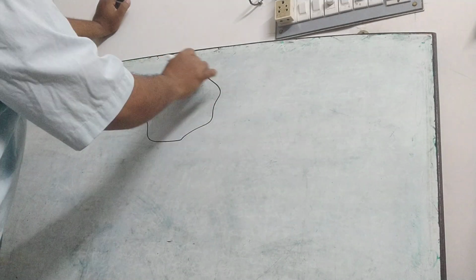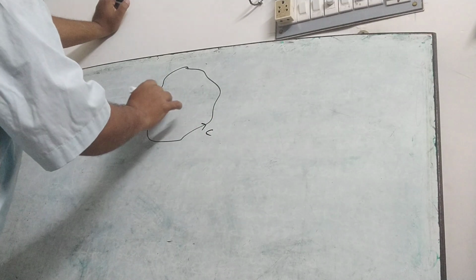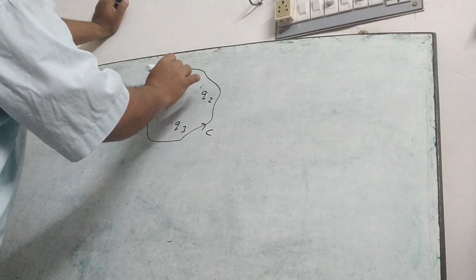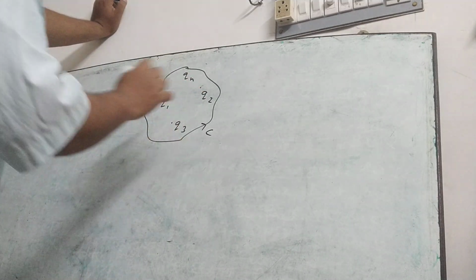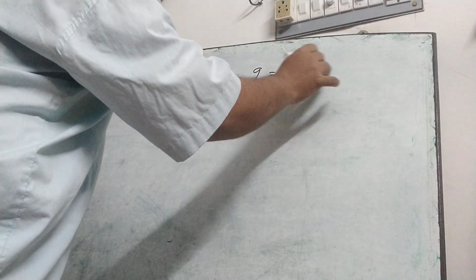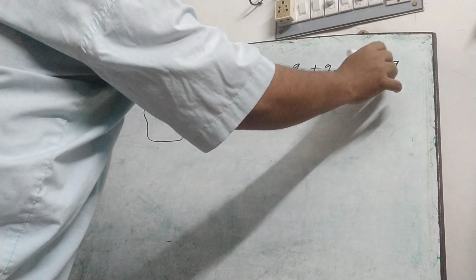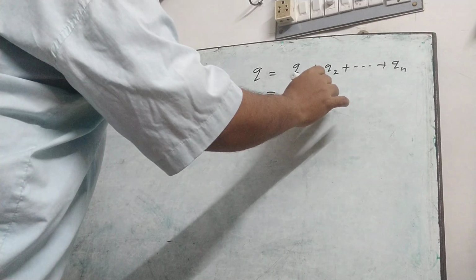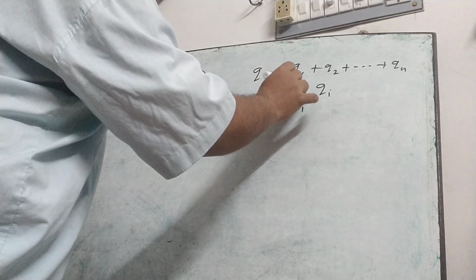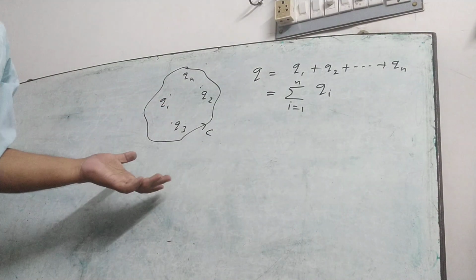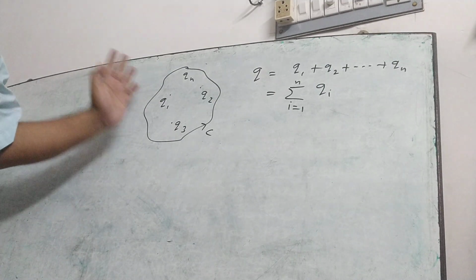That is, if a surface contains q1, q2, q3, and so on up to qn charges, then the net charge q is equal to q1 plus q2 plus dot dot dot qn. This is the algebraic sum of the charges, i equal to 1 to n. This is the proof of Gauss theorem.